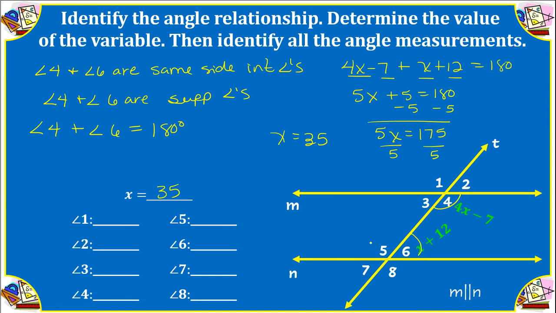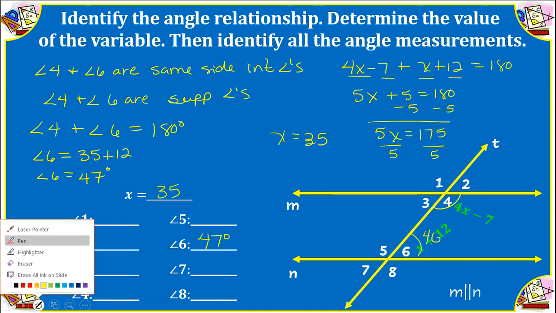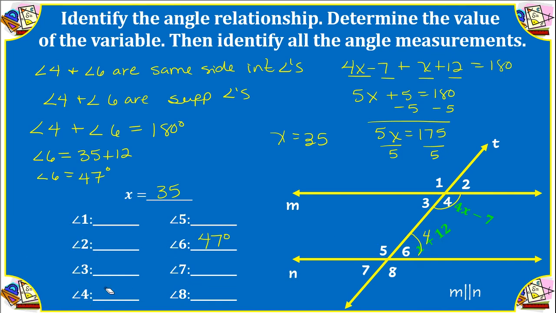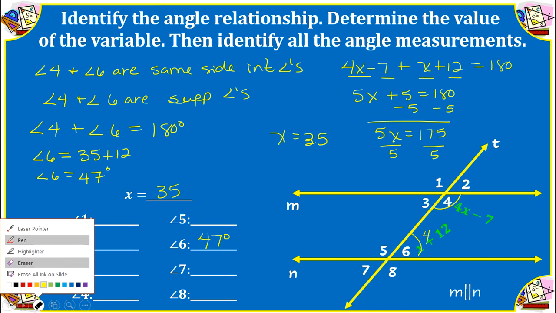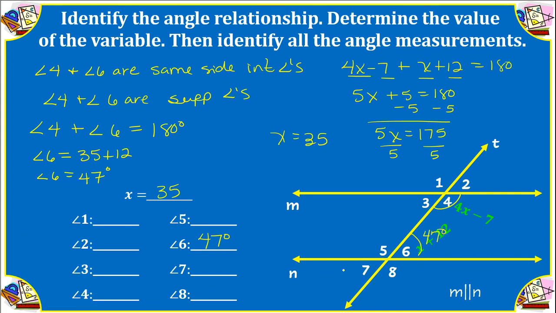So I'm just going to plug into 6. Angle 6 is 35 plus 12. So angle 6 equals 47 degrees. So that was angle 6. Whoops, my goodness. I was about to write 46 for angle 6. Okay, so 47 degrees are all my acute measurements.